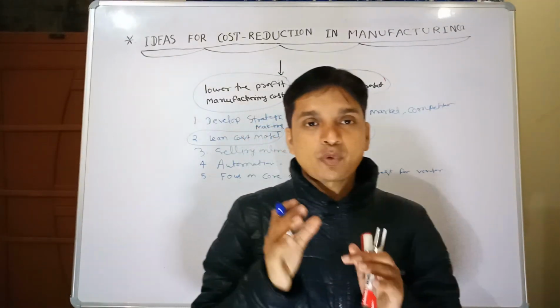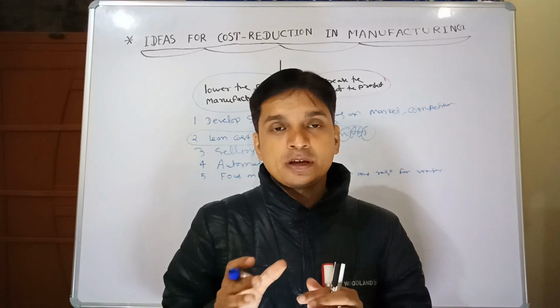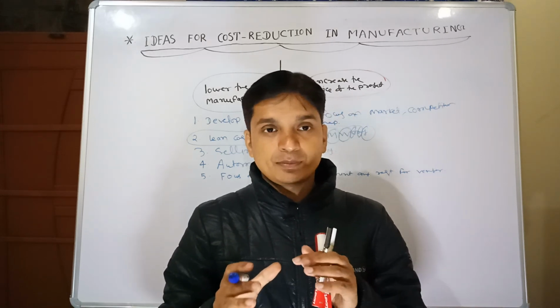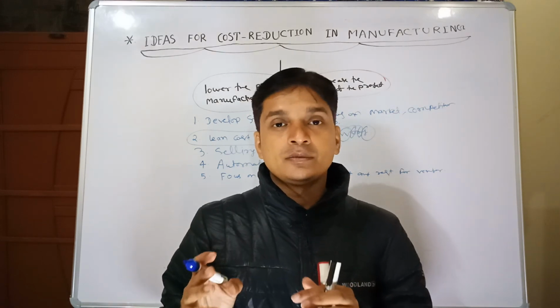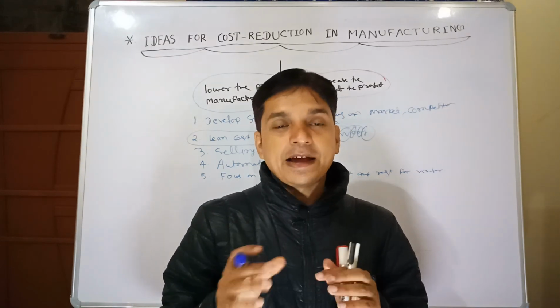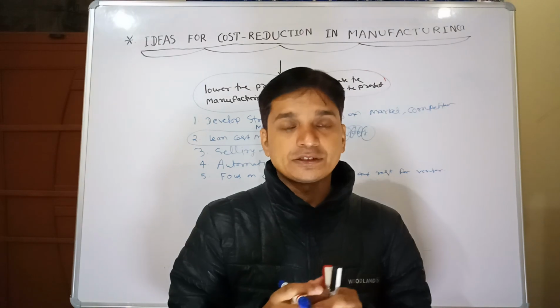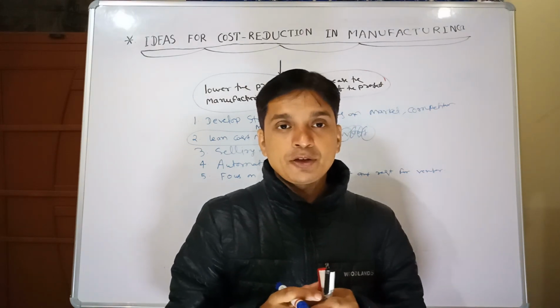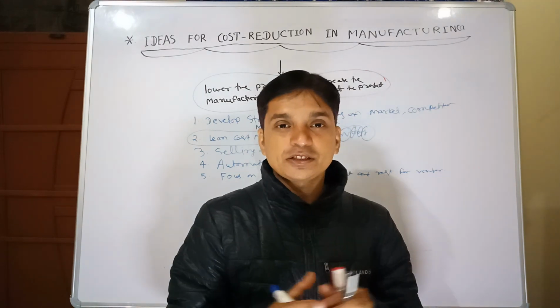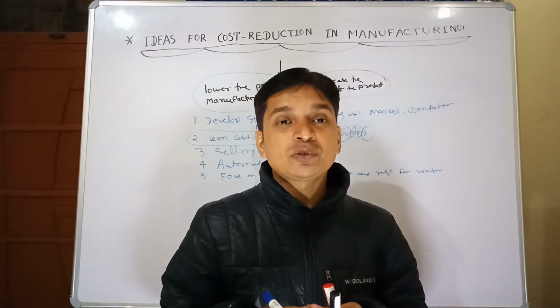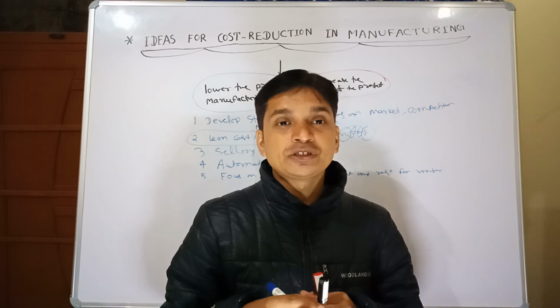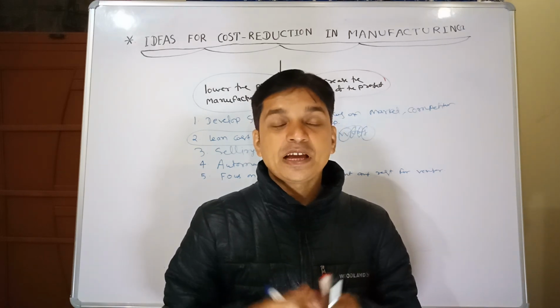If you are making a product with different processes like casting, forming, assembly, any such things, and you make child parts in house, you increase the transportation cost, the inventory cost and the maintenance cost of machines.